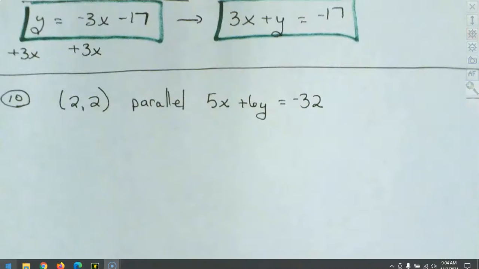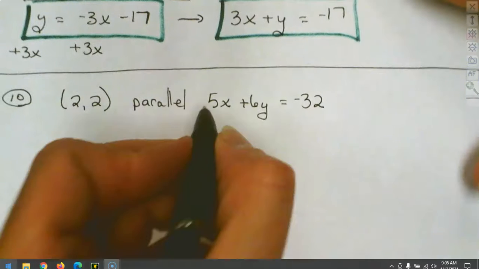Now, we need to use point slope. So that means we need to come up with the slope somehow. We have an equation, and how do we get that slope? We solve it for y. Okay, are we going to have to change the slope at all? No, why not? Parallel.